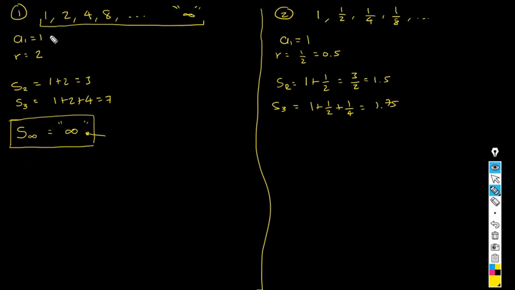So for this particular problem, the sum of this infinite number of terms, basically what we say is that we cannot perform this infinite sum, because we don't get a straight answer. We don't get something like 3 or 7 or 1.5. No, we get something like infinity, which is not a very clear idea, okay? So we cannot perform this infinite sum.